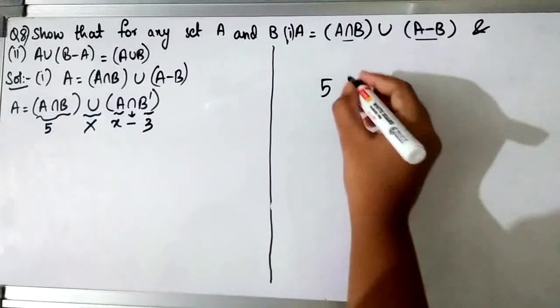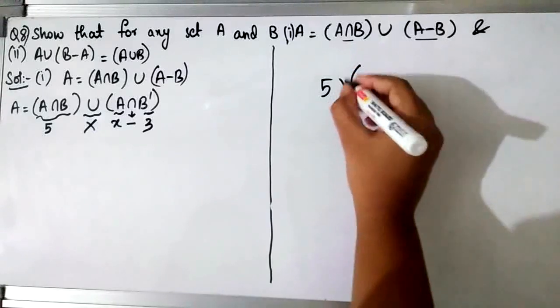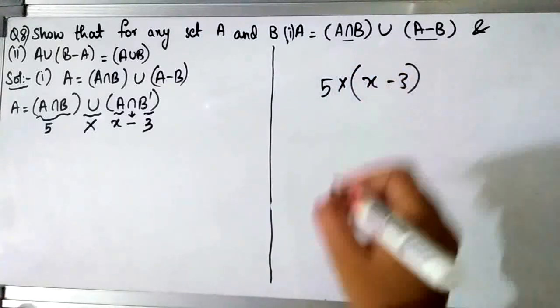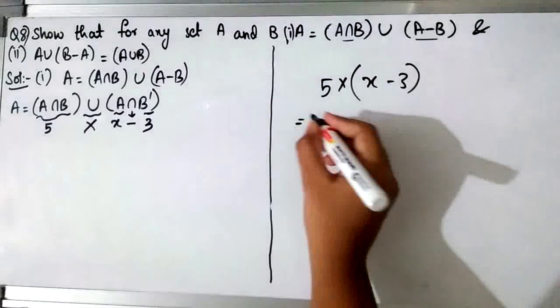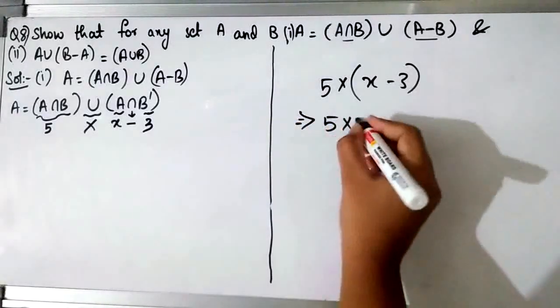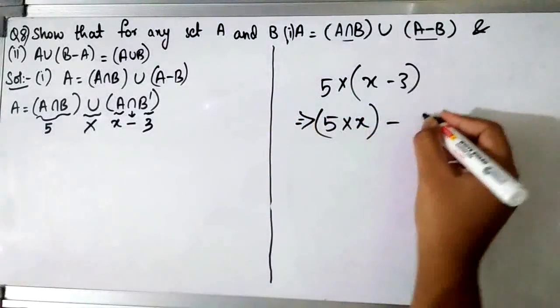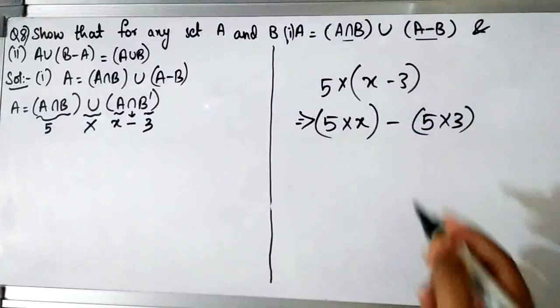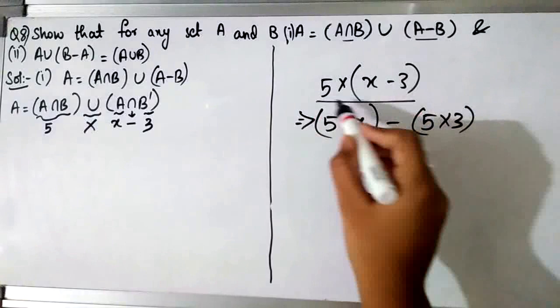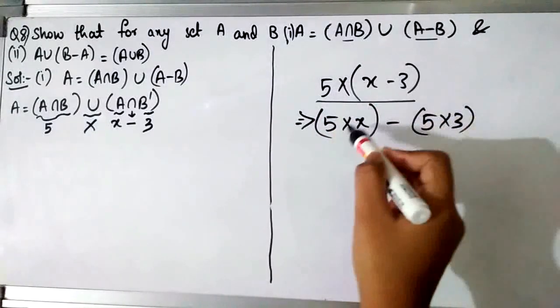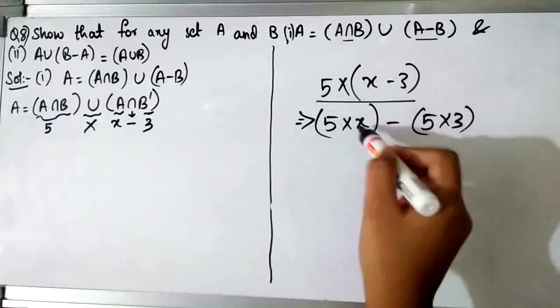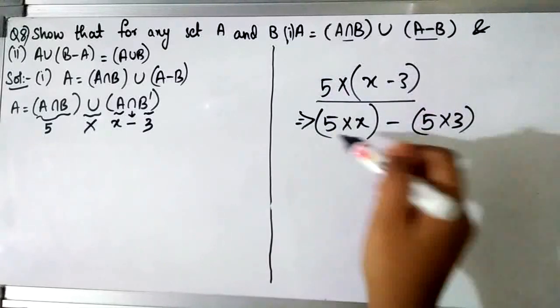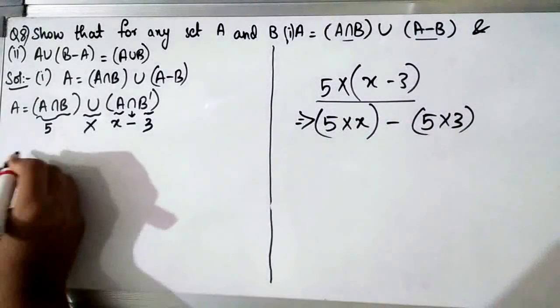Now if you have an equation 5 into X minus 3, your next step will be 5 into X minus 5 into 3.